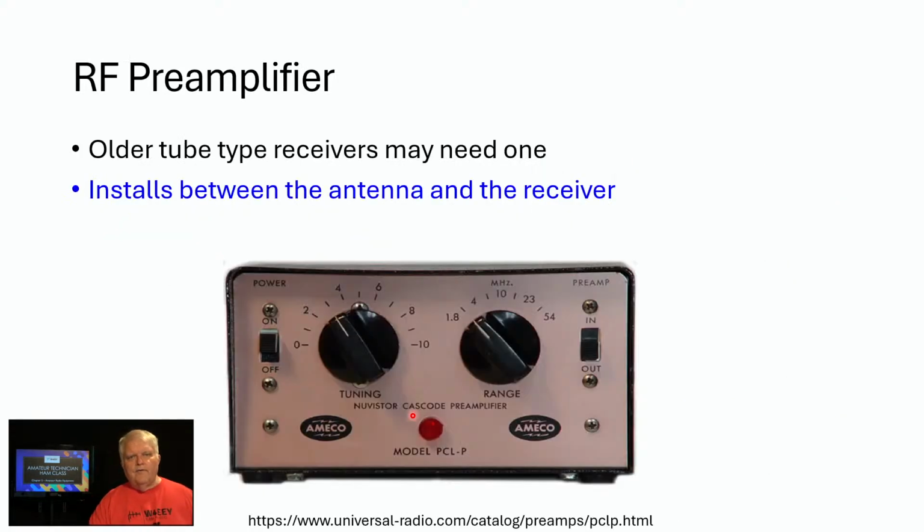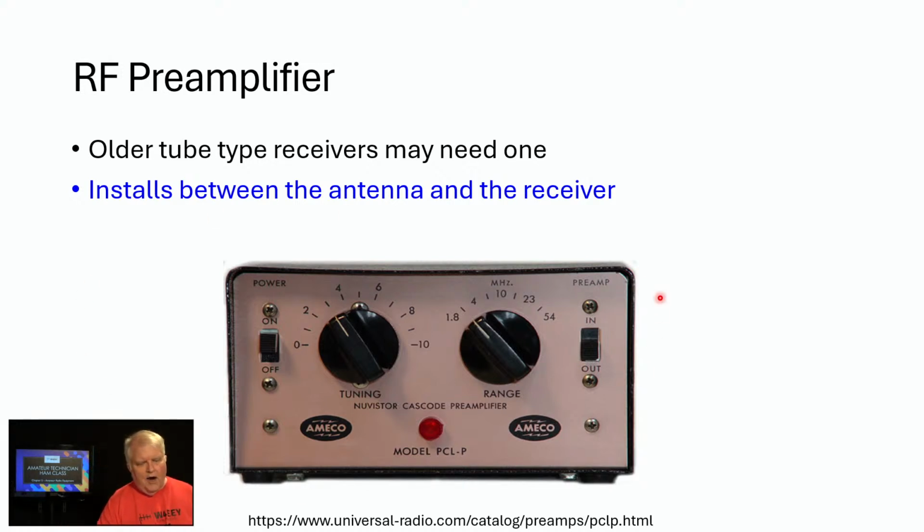Just know, if you go to a ham fest, some of the old boat anchor receivers that are just filled with vacuum tubes and very heavy were not the most RF sensitive. Their sensitivity was not what modern receivers are. And so typically they would install this.